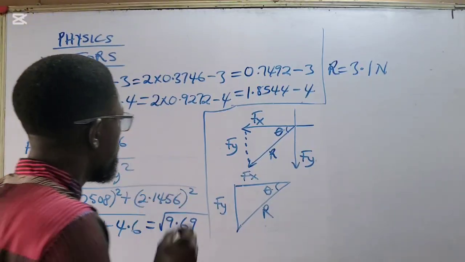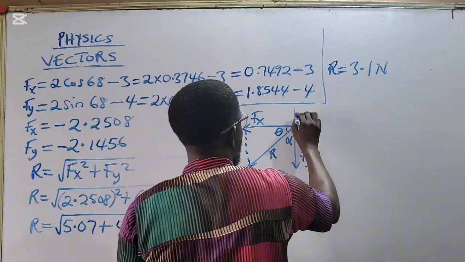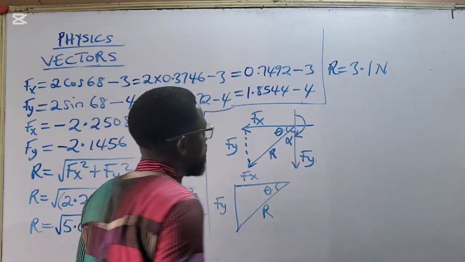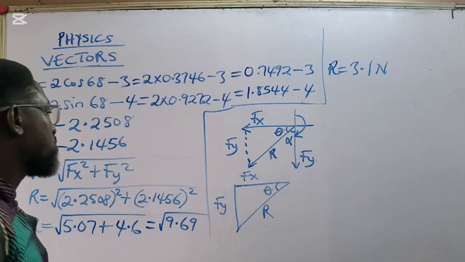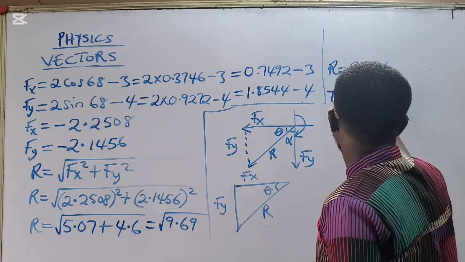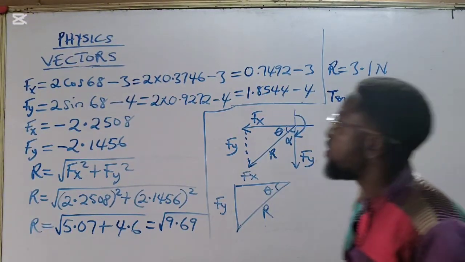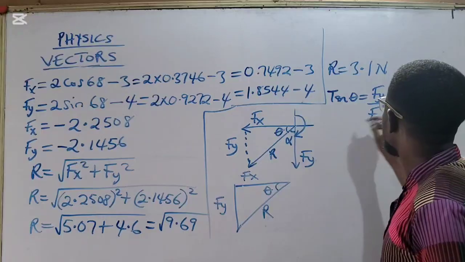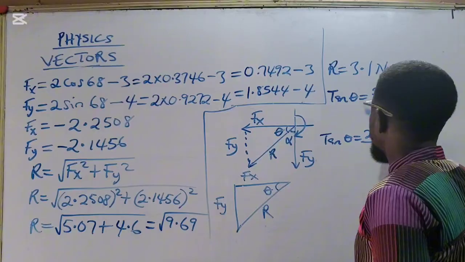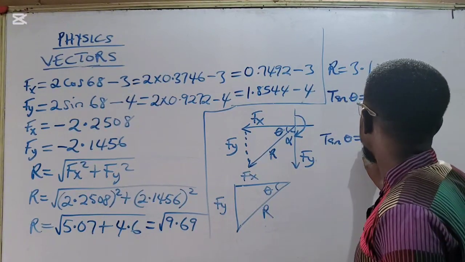So now we need to get this value of alpha, in this direction, either this one or this one. So now the next thing I'll do is to get theta: tan theta equals Fy over Fx. Fy is 2.1456, and Fx is 2.2508.